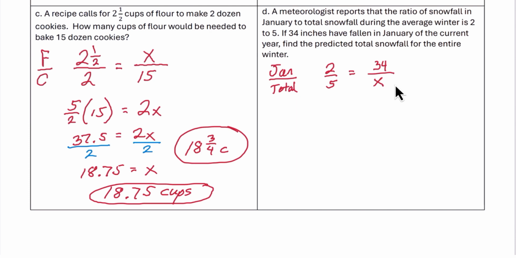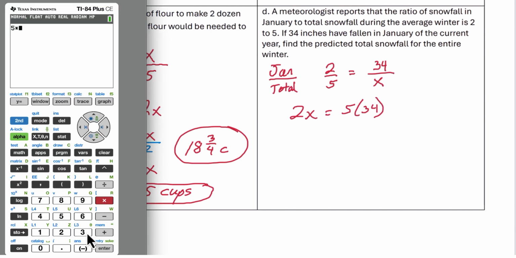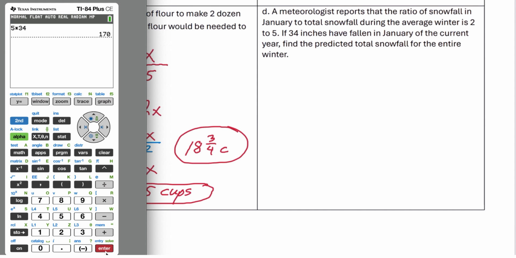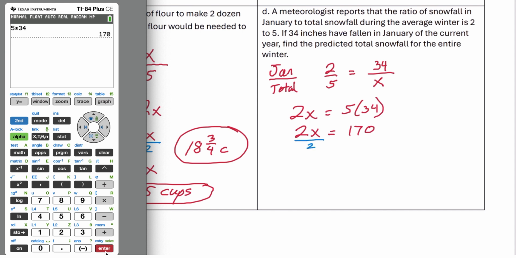2 times x is equal to 5 times 34. 5 times 34 is 170. Divide both sides by 2.